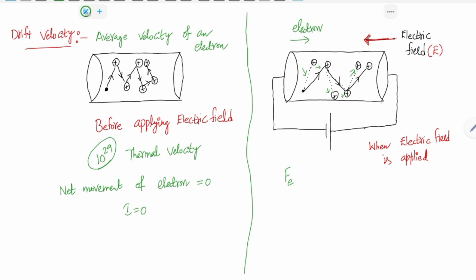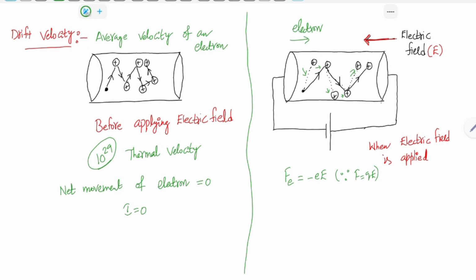That force is Fe, which is given by minus e times E, because we know that the relation between the force and the electric field intensity is F is equal to QE. Here the charge is an electron, that's why in place of Q I took minus e, which is the charge of electron. This is the applied force on the electron.